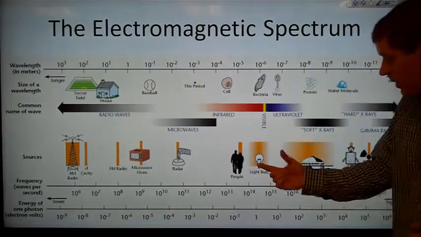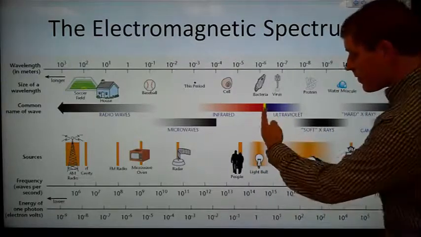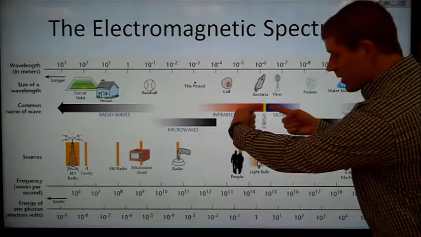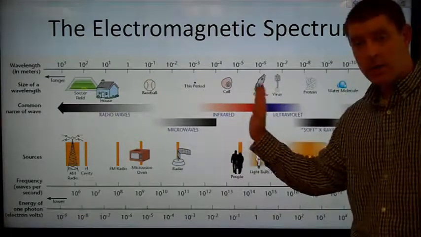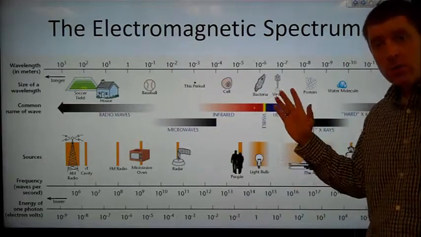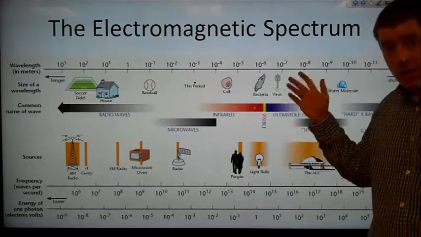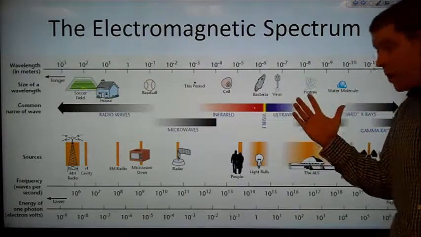And then just a very small portion here. So just from this side to that side, that's the visible spectrum. So there we go from red on the low energy side, red, orange, yellow, green, blue, indigo, violet. The violet is the high energy side, and then we get to the ultraviolet.